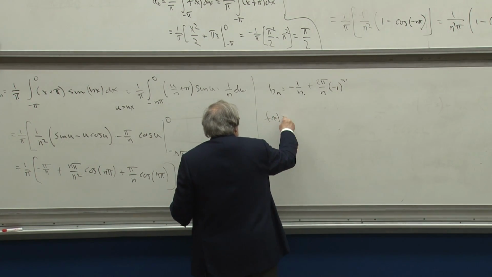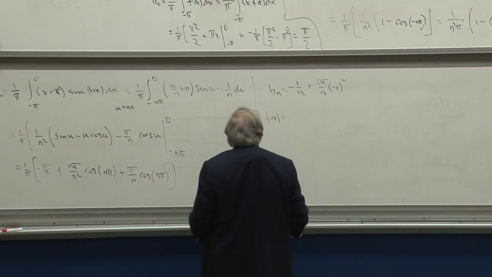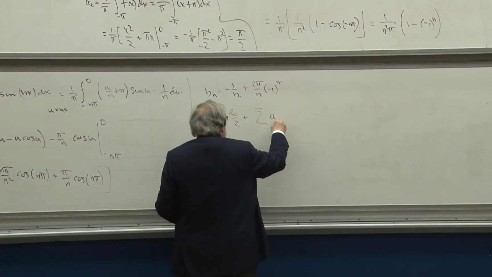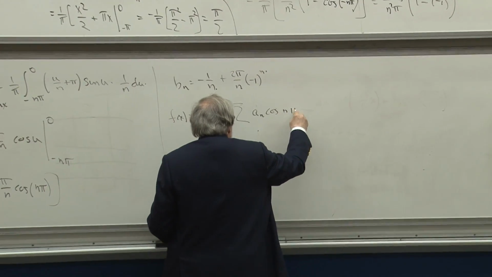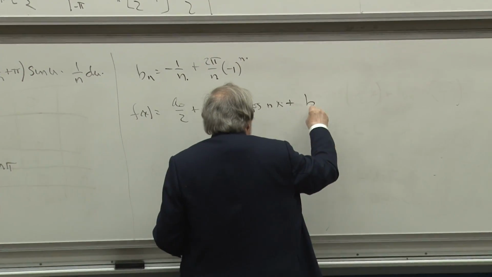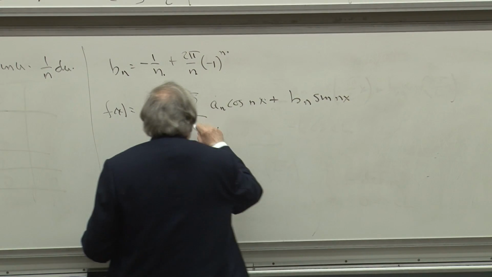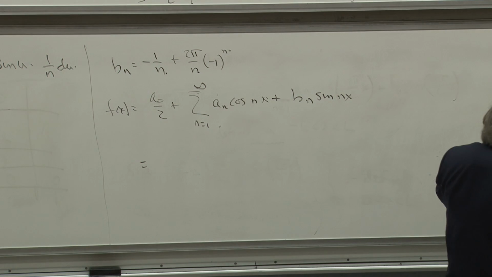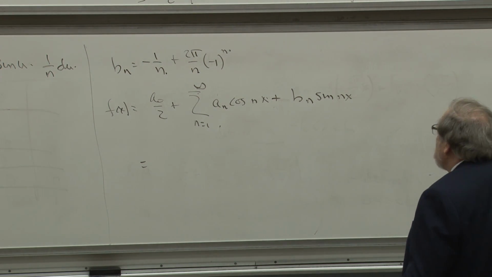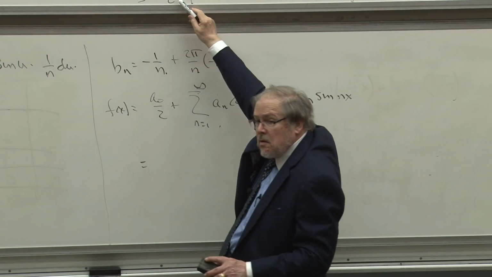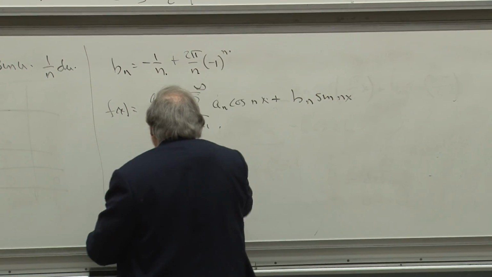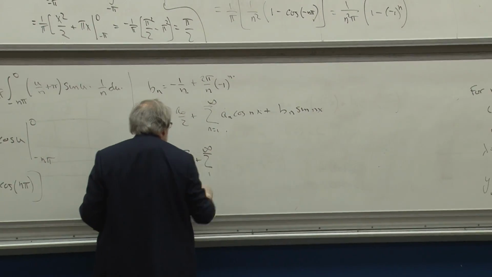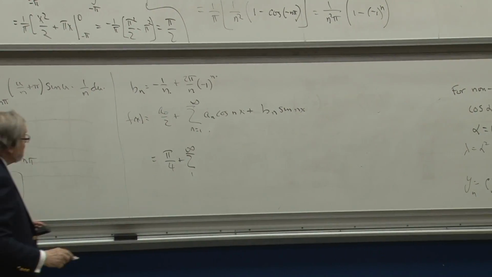And so I end up with my final result: a 0 over 2, plus the sum of a sub n cosine nx plus b sub n sine nx. A 0 is somewhere over here in this mess. There it is. There's a 0, pi over 2. I have to remember to divide that by 2, so that's a pi over 4. The sum, a sub n.